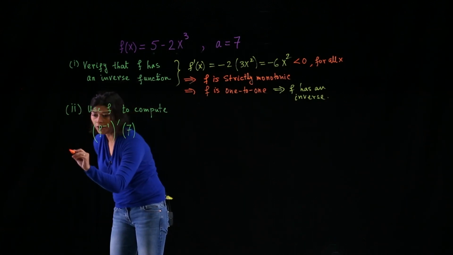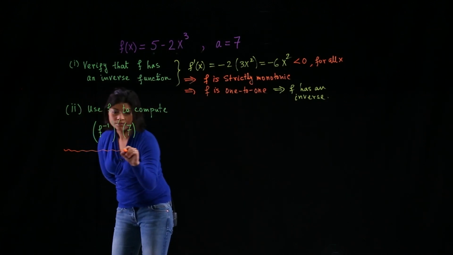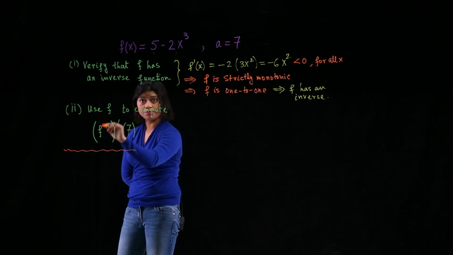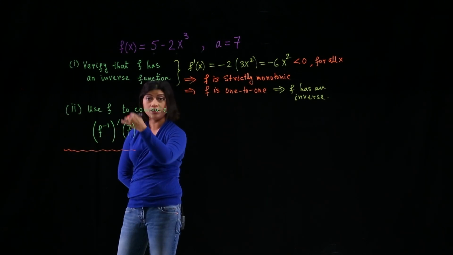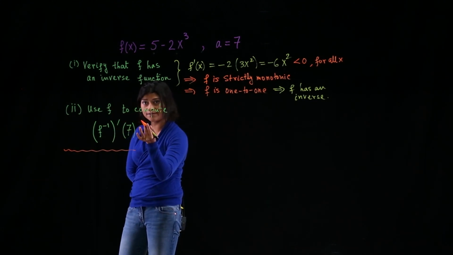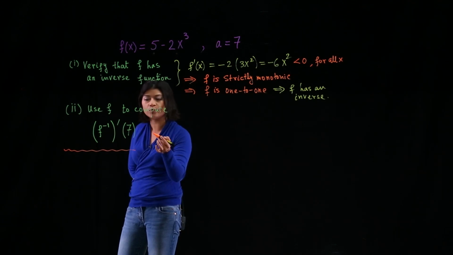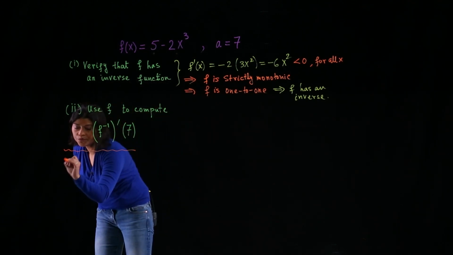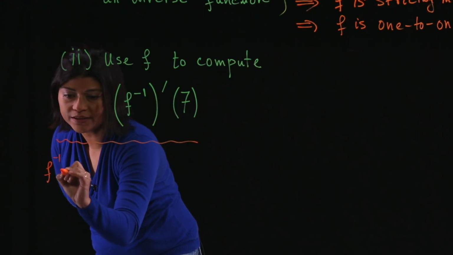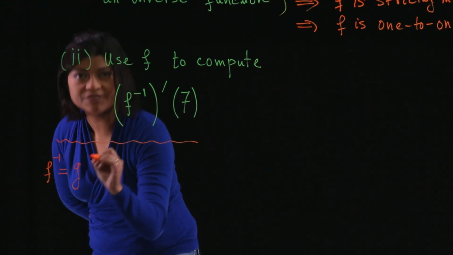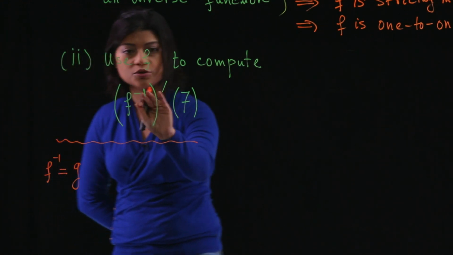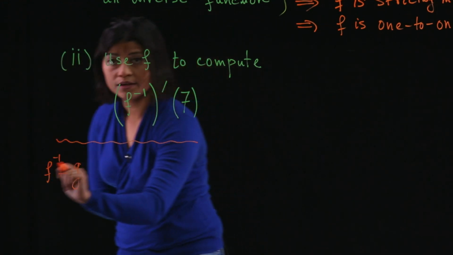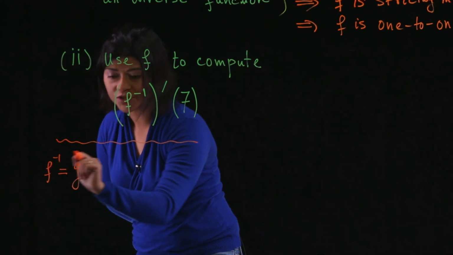First, note that we know how to compute the derivative of inverse function using the original function f. So let's write that down in a little bit different way. If you call f inverse to be g, just give it a different name, okay? Because this notation can be confusing. So you're just denoting f inverse by g.